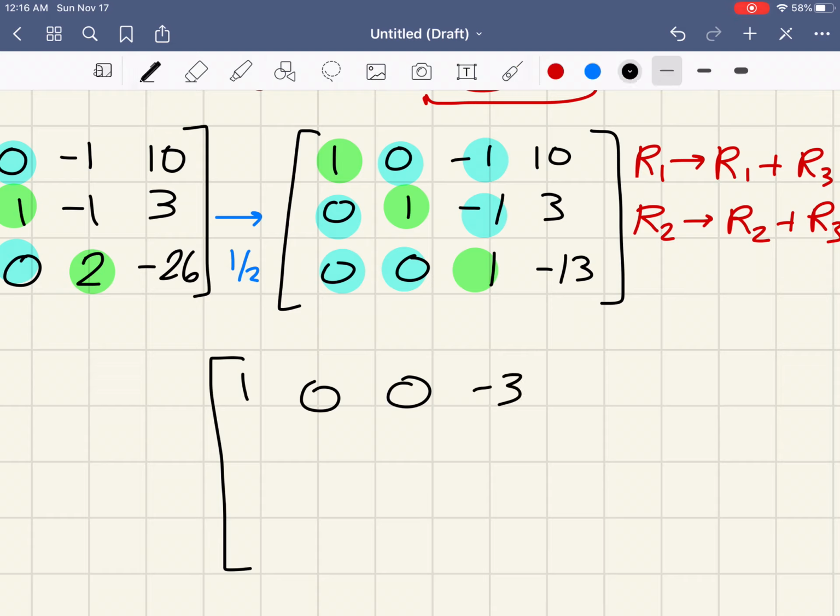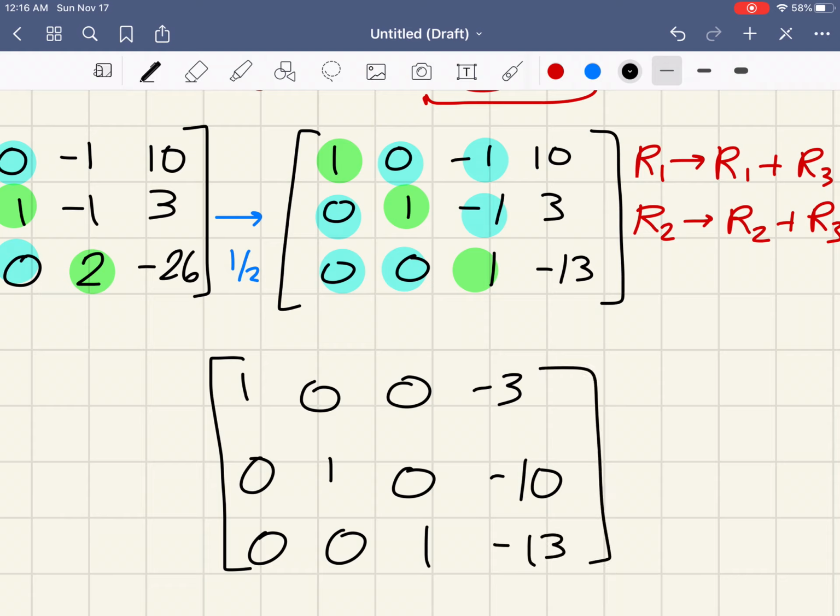Row 2, we're going to get 0 plus 0, 1 plus 0, 1 plus -1, and then we get 3 plus -13, and then row 3 unchanged, 0, 0, 1, -13, and boom, row reduced echelon form of the matrix. I hope that helped.